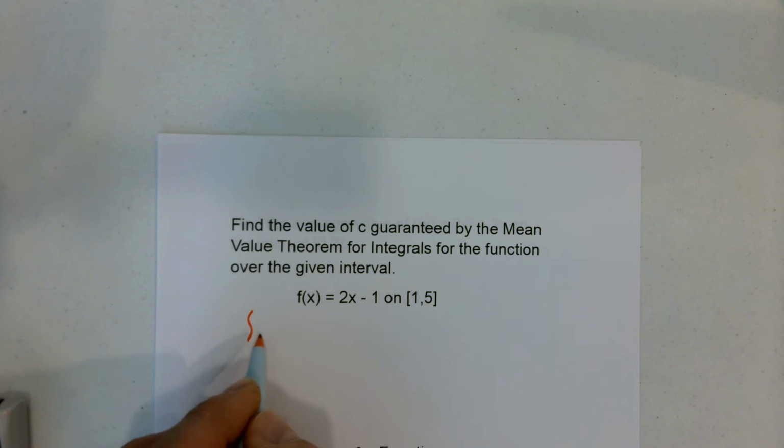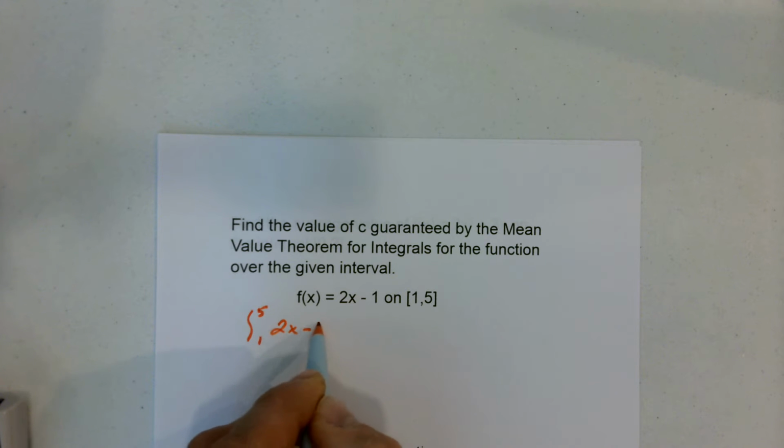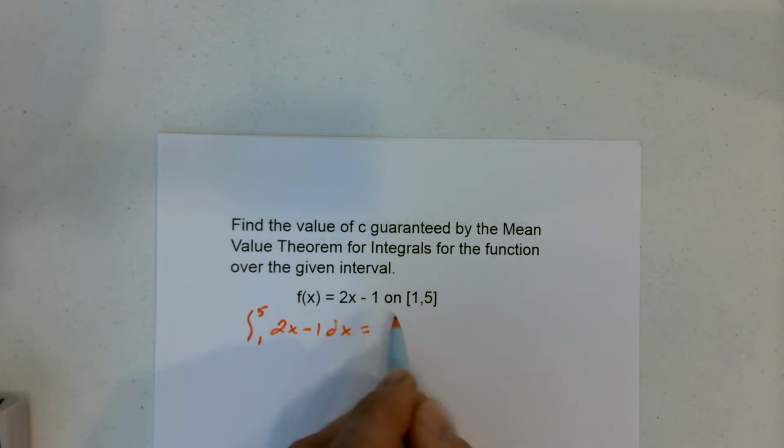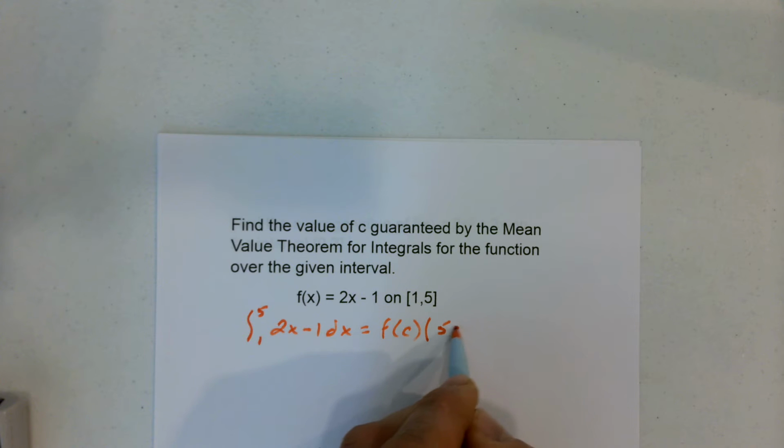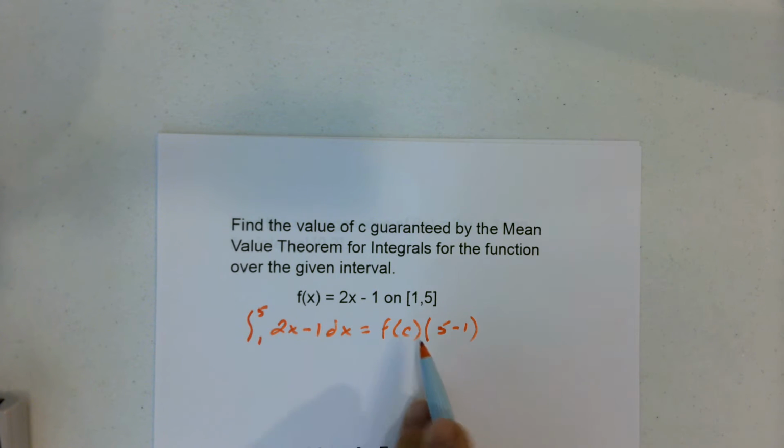So that's going to look like the integration from a to b, so from 1 to 5, of my function, 2x minus 1 dx. And that's going to equal my f of c, which we don't know c value yet, times my delta x, my 5 minus 1. I'm looking for c.